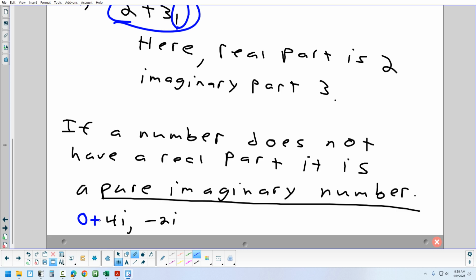Generally, you will not see the 0 part. They're not going to write that. They're going to do that. So a complex number with no real part is called a pure imaginary number. Okay. Any question on that?